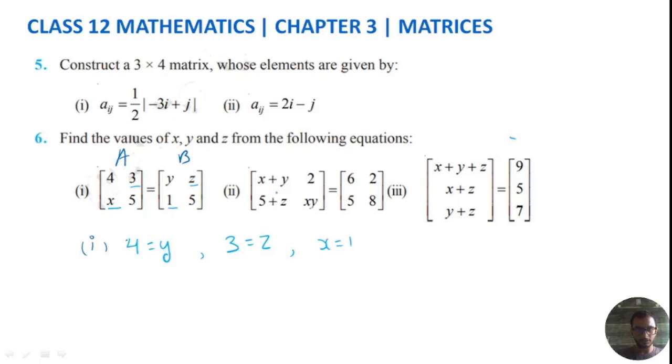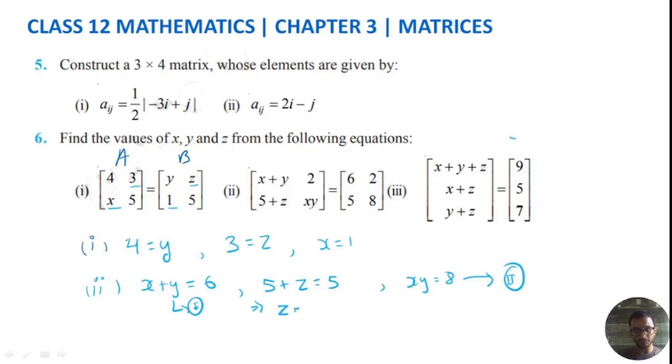So now let's do the next part. Similarly, by the same process, we will have x plus y equals 6, then 5 plus z equals 5, then xy equals 8. If you name x plus y equals 6 as equation 1 and xy equals 8 as equation 2, from the second we will get z equals 5 minus 5, that is 0.